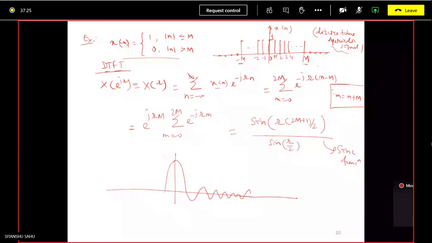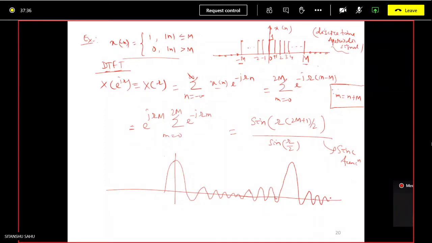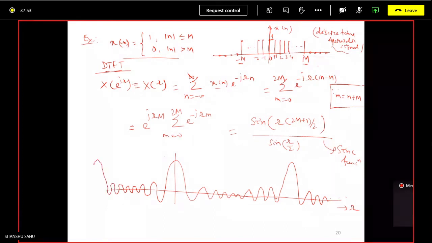Then after a certain time it will go on increasing again, like that it will go on continuing. This is the frequency axis, the omega axis, and this side also it will go on like this. Then it starts increasing, and you'll have a function like this.